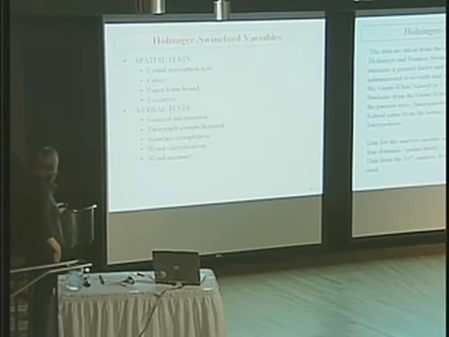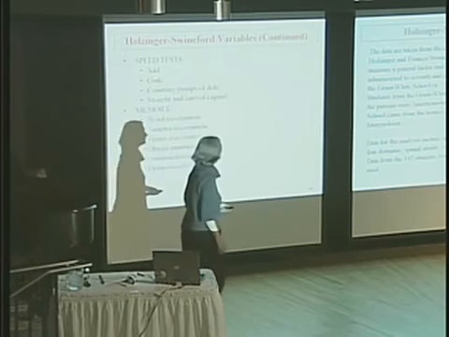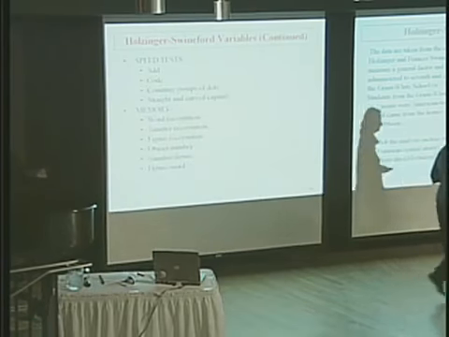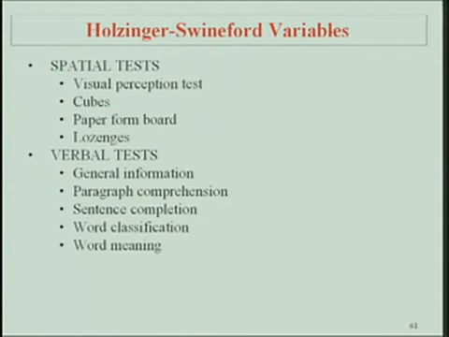So we have our sets of tests. Let me put the spatial ones on the right screen. So we have spatial tests: visual perception, cubes, paper form board, lozenges. Verbal tests, a lot of verbal information: general information, paragraph comprehension, sentence completion, things like that.